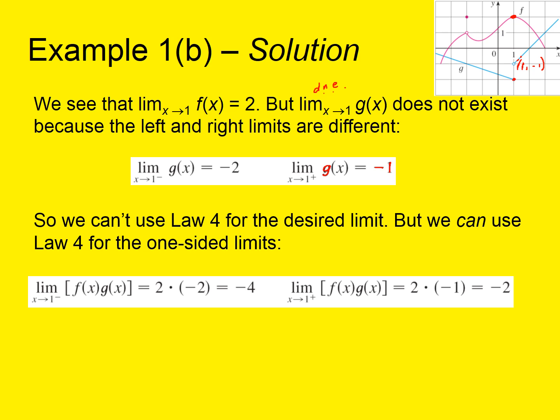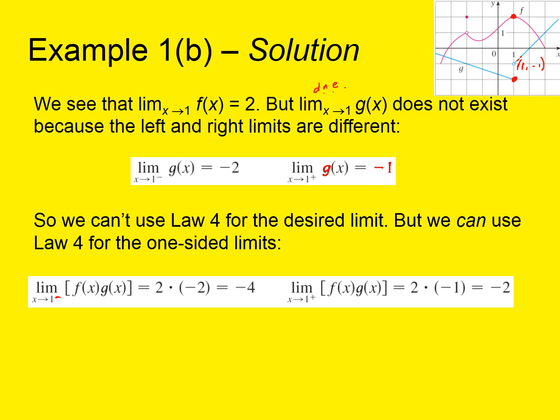So if we wanted to ask, what is the limit as x goes to 1 from the left of the product, then we could say, well, we've got the 2 and we've got the -2, so that would be -4 for the limit as x goes to 1 from the left of the product.